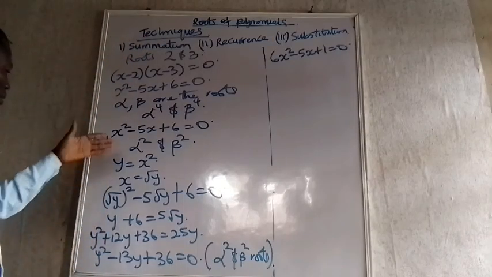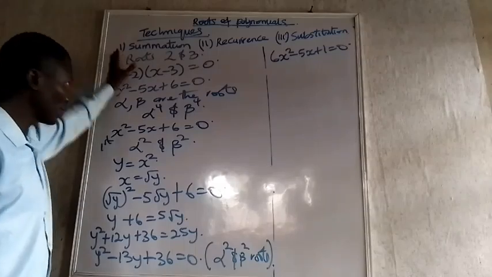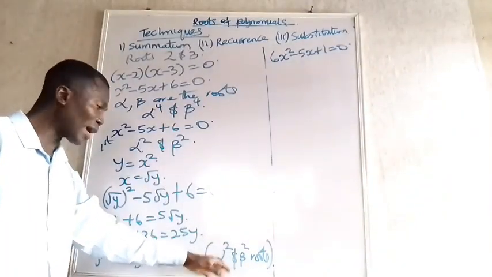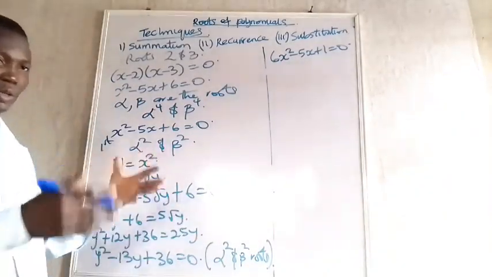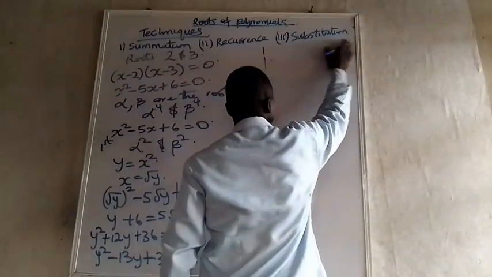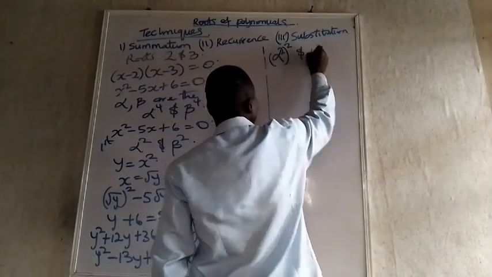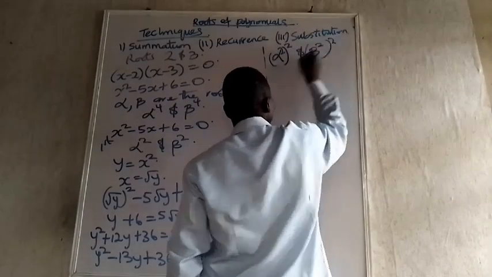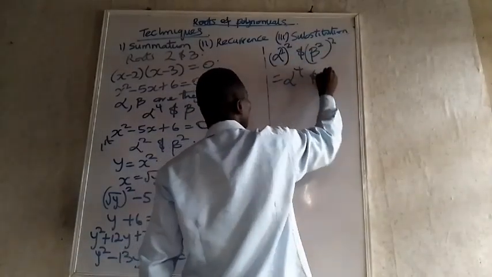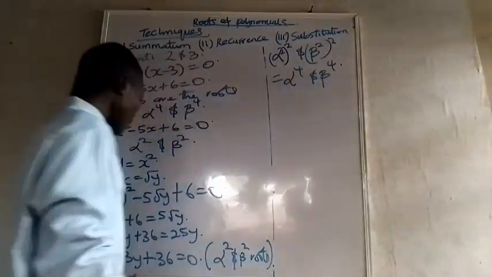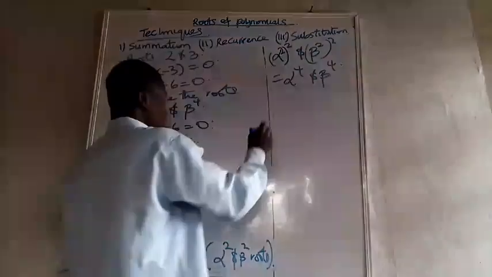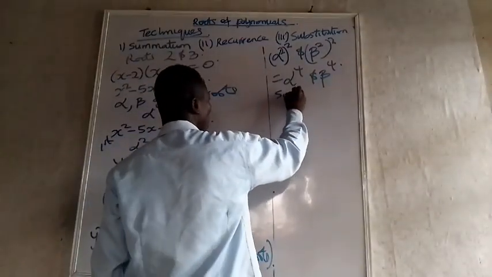Now let me use recurrence or summation to find the sum of the squares of alpha squared and beta squared. You understand what I mean? I can use summation from this equation.